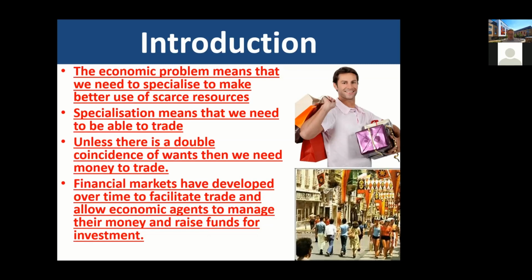This allows people to trade, and it also permits economic agents. When I say economic agents, I mean individuals, whether they are consumers or workers. We could talk about firms, producers of goods and services, and we can also talk about government.